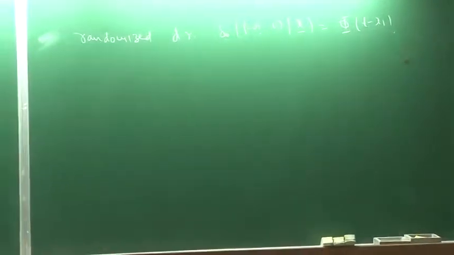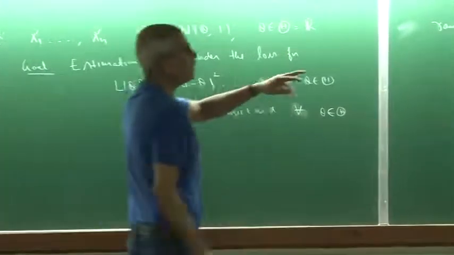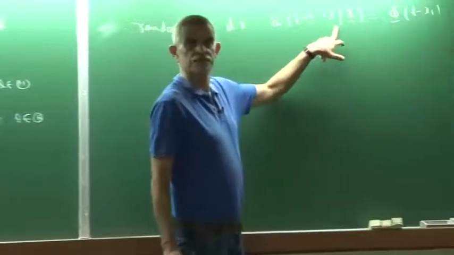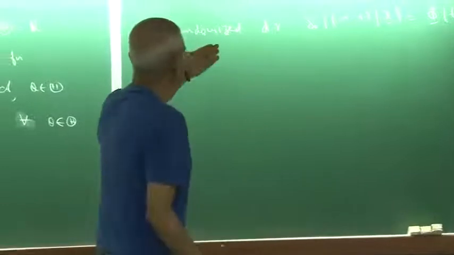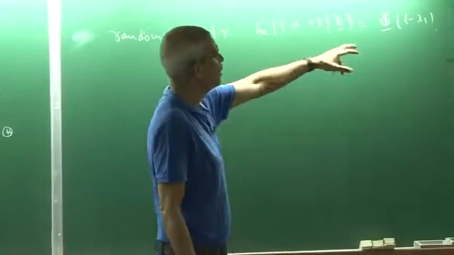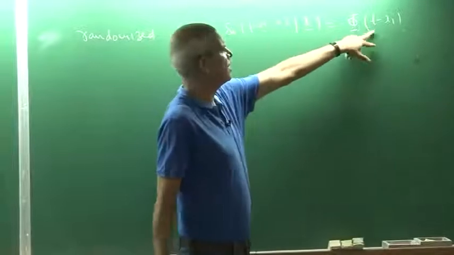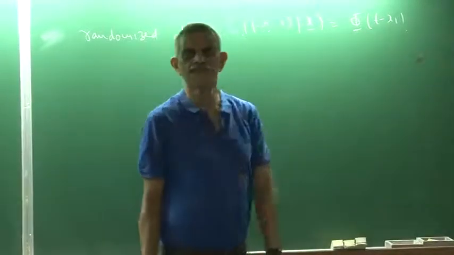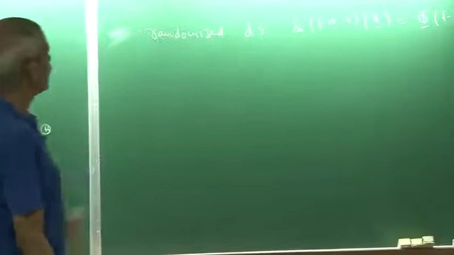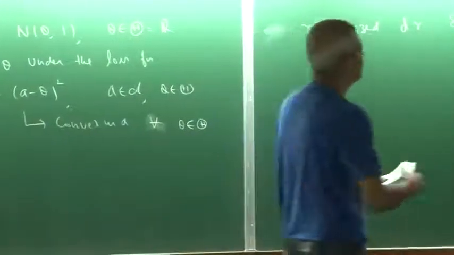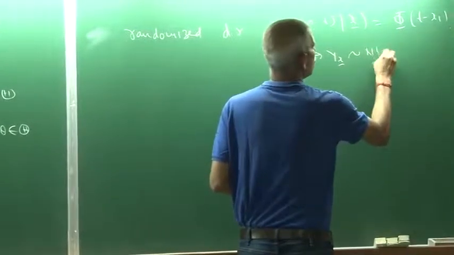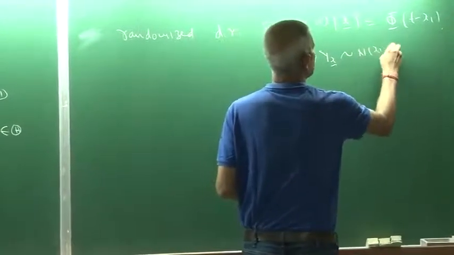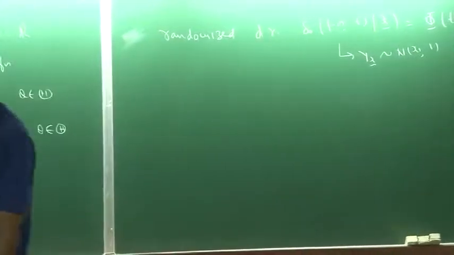Let us revisit the definition of a decision rule. A decision rule is a probability measure. So this delta naught is a probability measure, and it says my randomized decision rule is a probability measure whose distribution function is that of a normal with mean x1. So the corresponding random variable here is normal with mean x1 and variance 1.